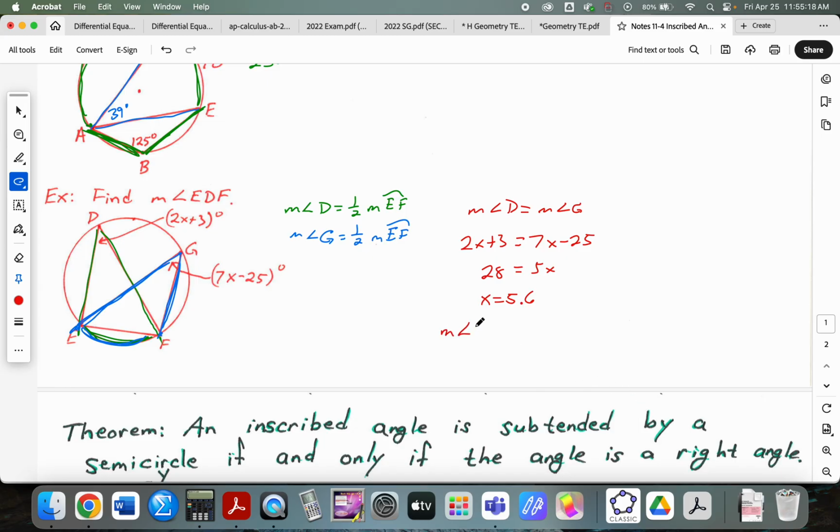And the measure of angle EDF, which is what they asked us for, is going to be 2 times 5.6 plus 3. It's 11.2 plus 3, which is 14.2 degrees.